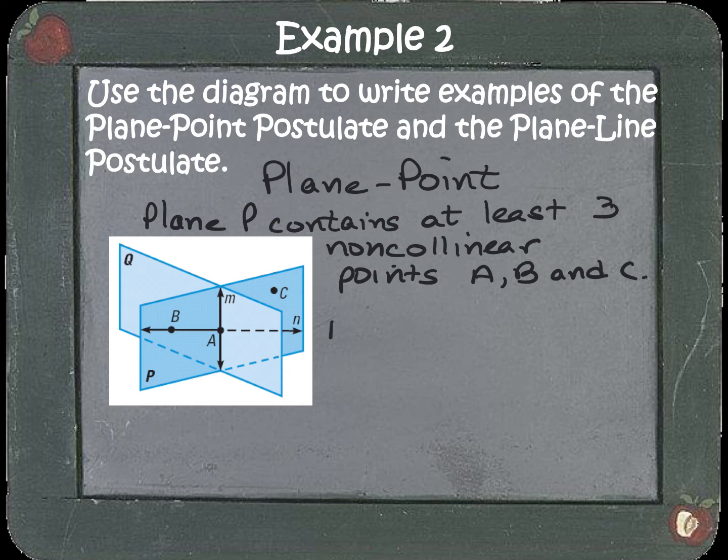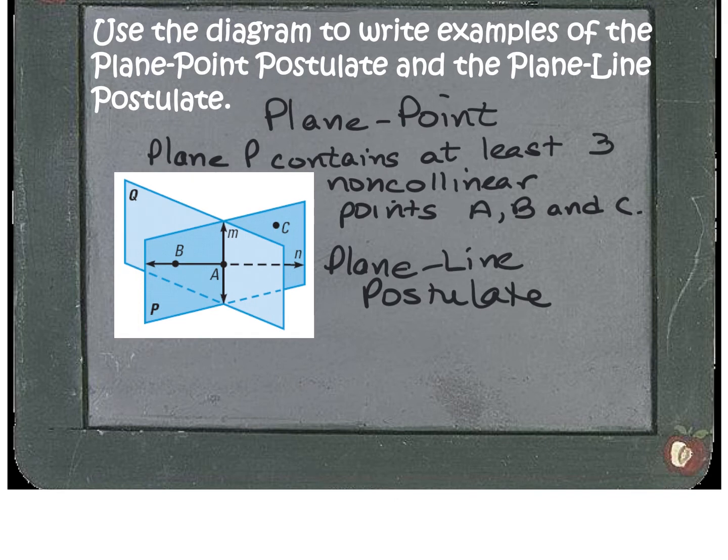For the plane line postulate, this one states that if a plane contains 2 points, then the line containing those 2 points is also in the plane. So let's go ahead and do specific to the picture.